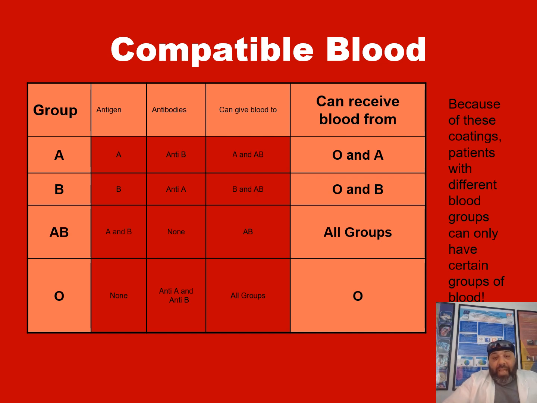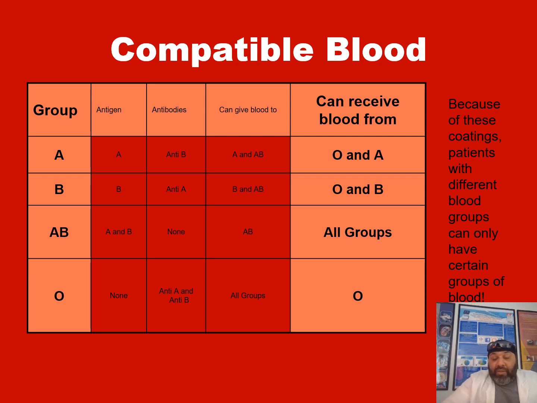So from group A, you can receive blood from O and A. If you're group B, you can receive blood from those who are O and B. If you are group AB, you can have blood from all groups, generally speaking. If you are O, then you can only have blood from those who are blood group O.